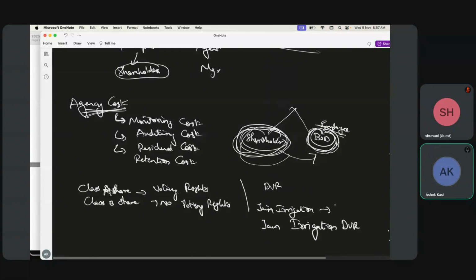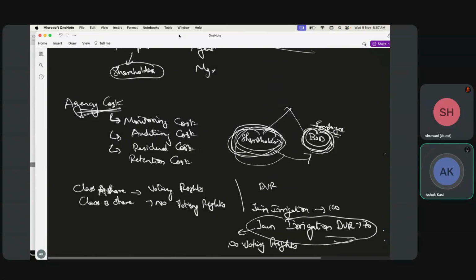So if this is trading at 100, this will be trading at 70. So this is differential voting rights. So these people will not get voting rights. This is good for people like us who are not interested in the voting rights. We are interested only in seeing the prices going up, right? We are not worried about voting. We are not participating in the management.